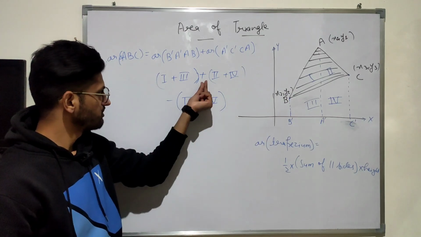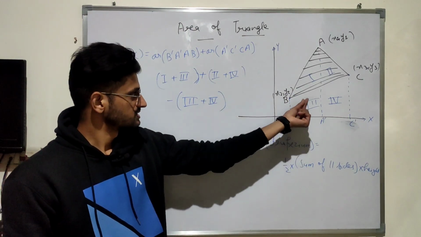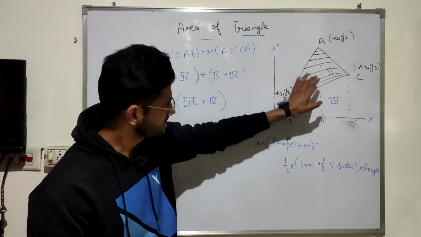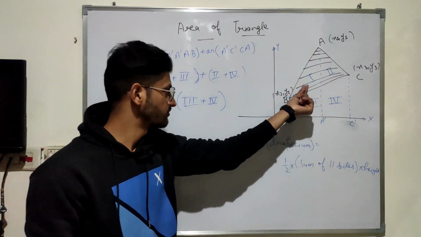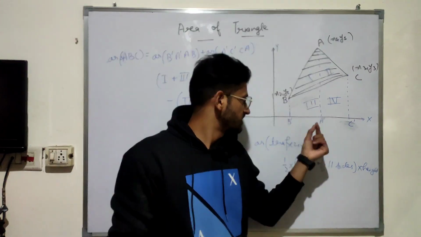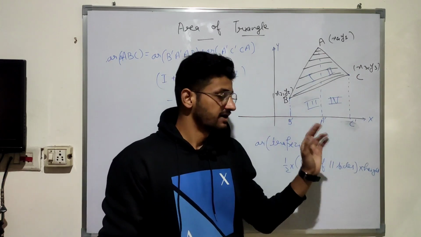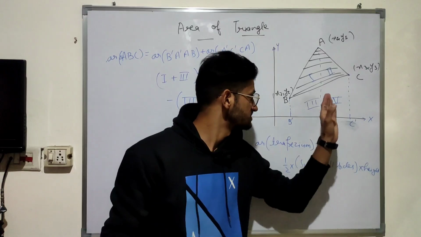So this is going to be much easier for us to understand. Let me summarize this concept once again. So far, we have found the area of the first trapezium, which consists of part 1 plus part 3. Afterwards, we add this to the area of the second trapezium, A'C'CA, which consists of the second portion plus the fourth part of this region.